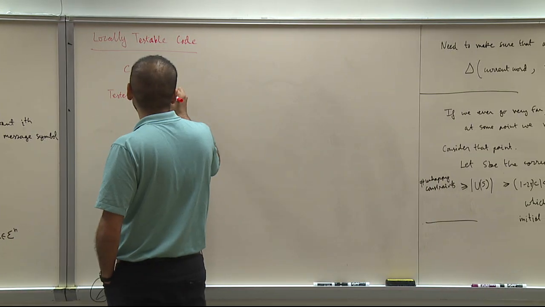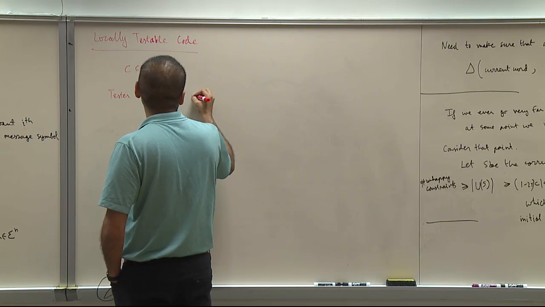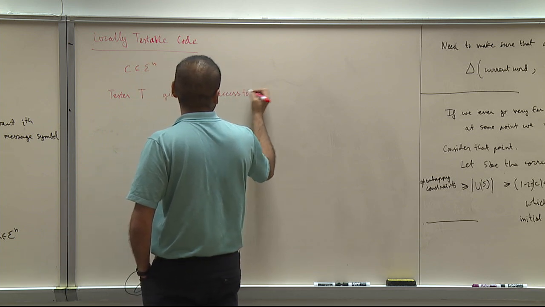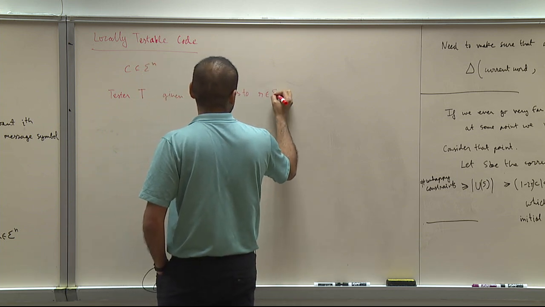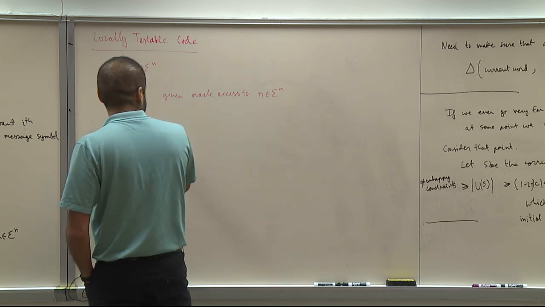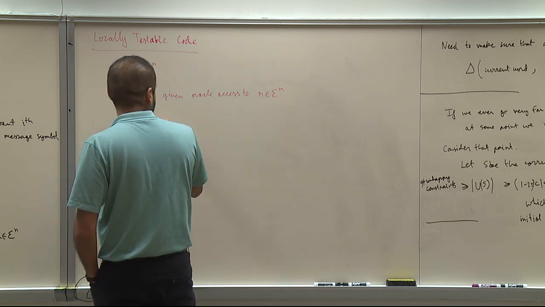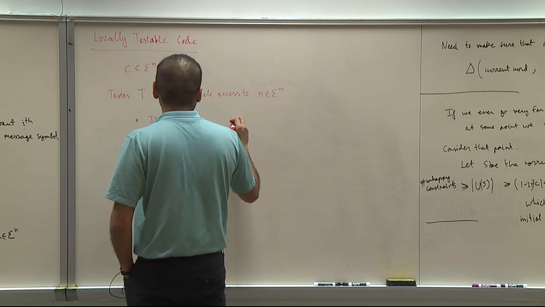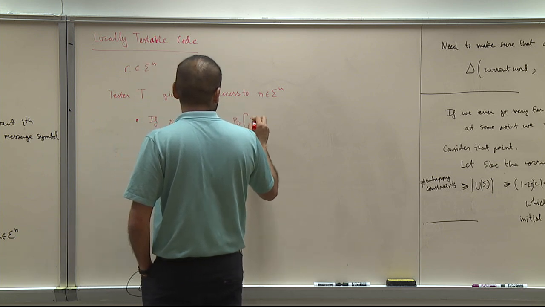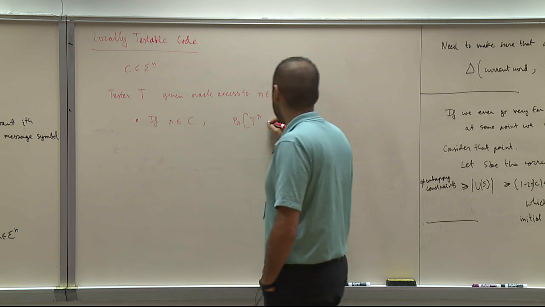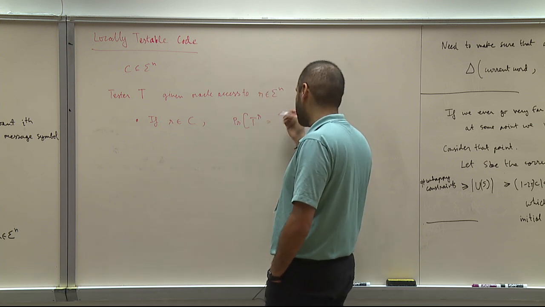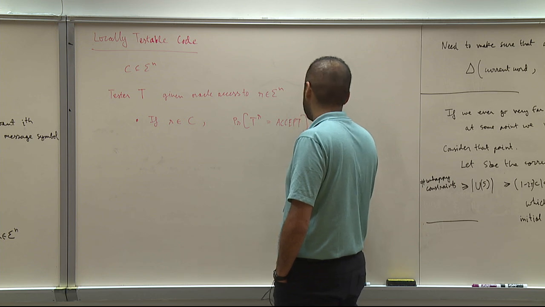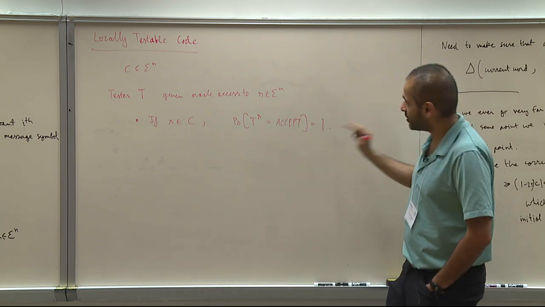T, given oracle access to R in sigma to the n, has this behavior. If R is in C, then the probability that the tester with oracle access to R outputs accept is 1. It always accepts true code words.